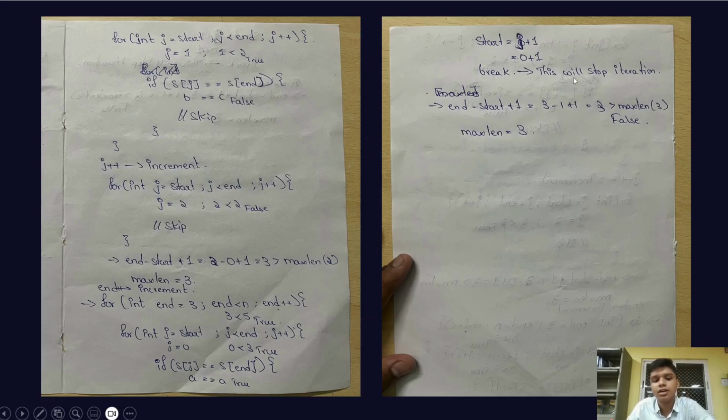Here it will enter the if condition. When it enters the if condition, start is updated to j plus 1, which is 1, and break is used to stop the iteration. And finally we calculate the maximum length, which is 3. And like this, the tracing will be useful.